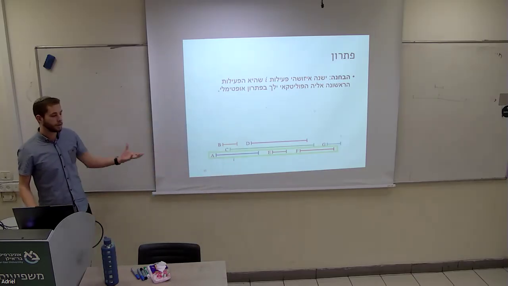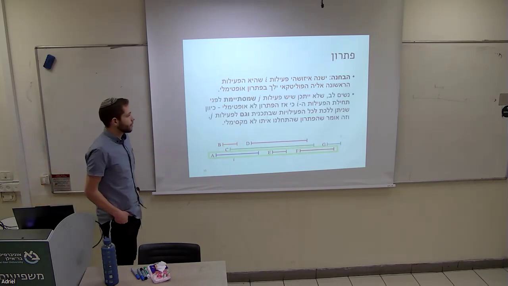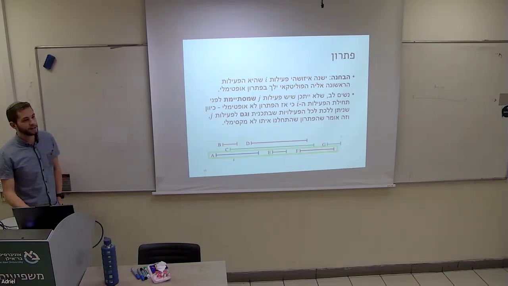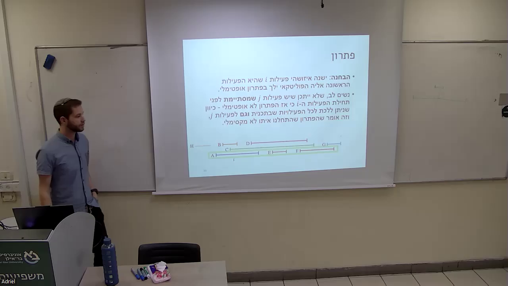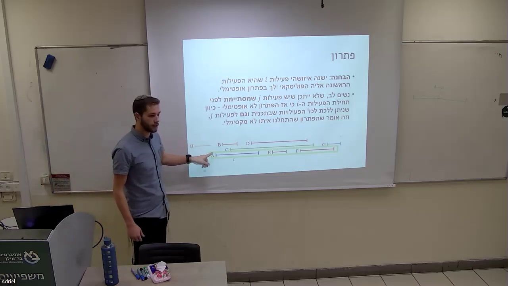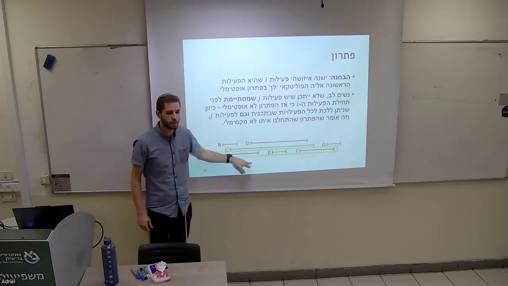Therefore, we'll denote the first activity as I. Let's also note that there can't be a different activity that ends before A starts. Why not? Because it's an optimal solution. If there's some H that ends before A starts, we could just add it to the optimal solution, and then our solution wouldn't be optimal.